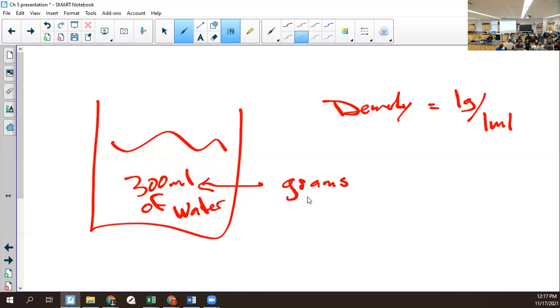I wanted you to remember that milliliters and grams of water are the same value. On the AP test, they'll do that. No one takes a scale and pours water onto it. We put it in a graduated cylinder, but we know the mass because it's a 1-to-1 ratio. You okay with that?